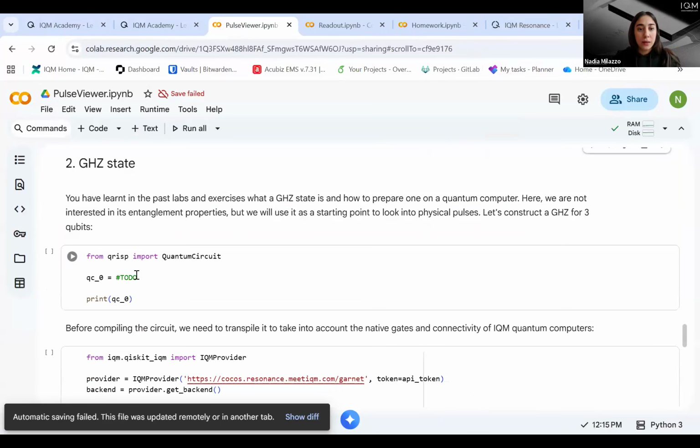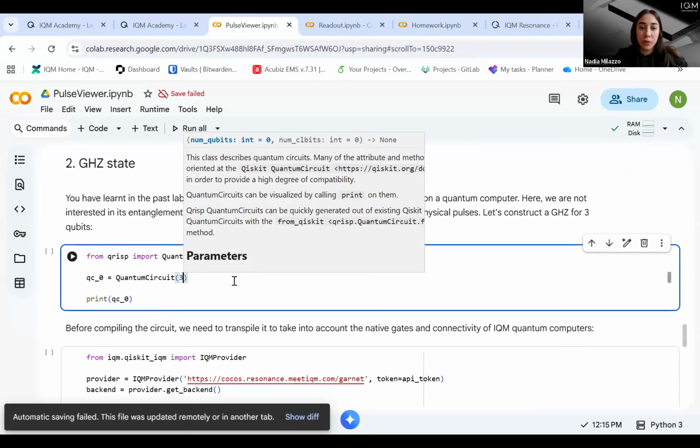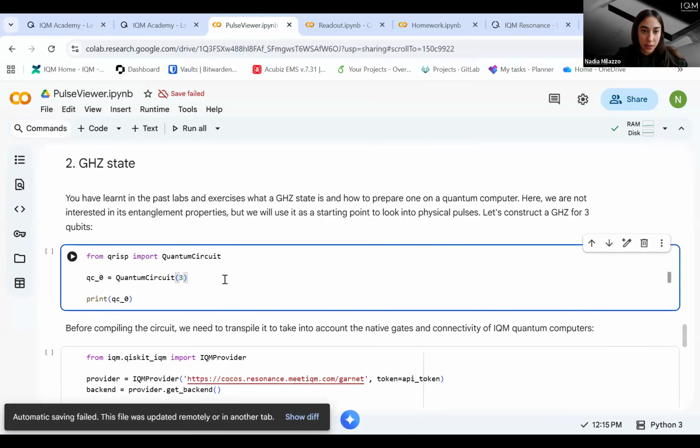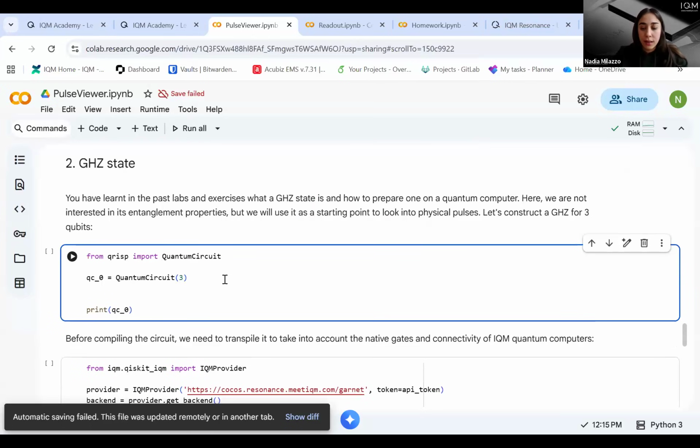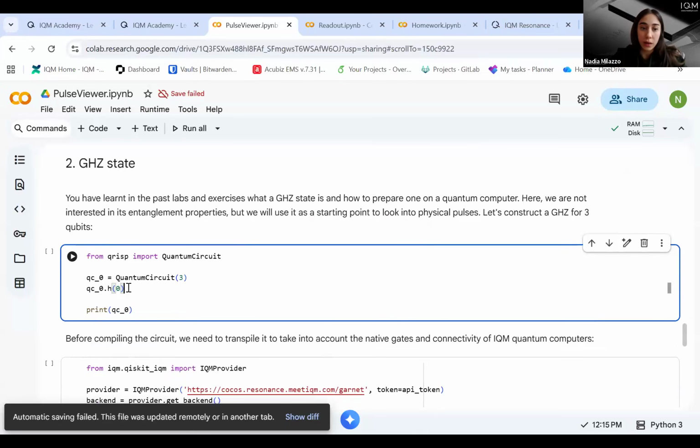And now we need to write this quantum circuit. So we import the quantum circuit from CRISP and we use quantum circuit. And here in this case, I put 3 because I imagine this to be the three-qubit GHZ state. And then, as you know for sure now, you have to put the first, or whatever qubit, in the superposition state through the Hadamard gate.